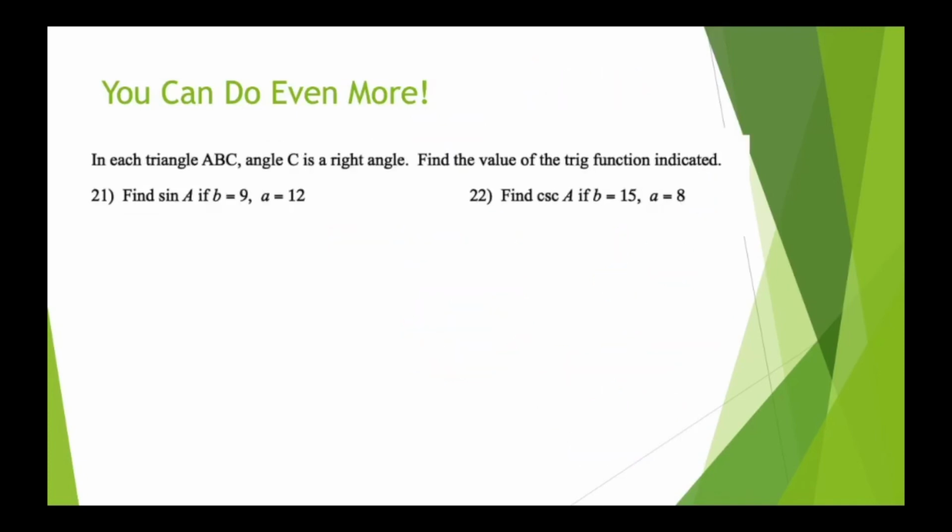Let's do number 21 and 22. The instructions say that in each triangle A, B, C, the angle C is a right angle. We're going to find the trig function indicated. We're going to find sine of A. They did not give us a triangle, but they gave us the pieces.